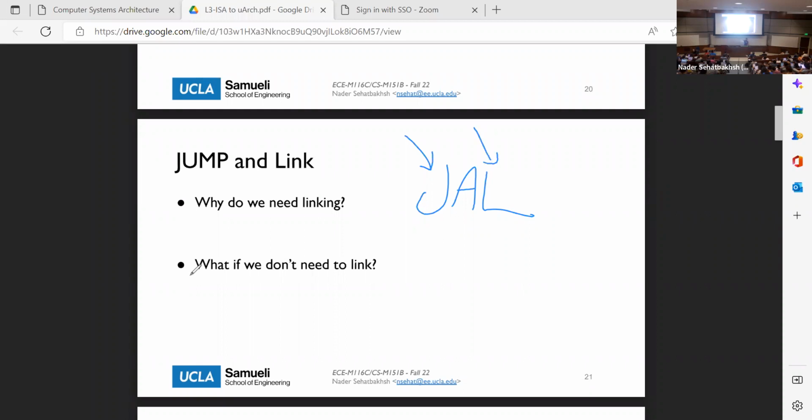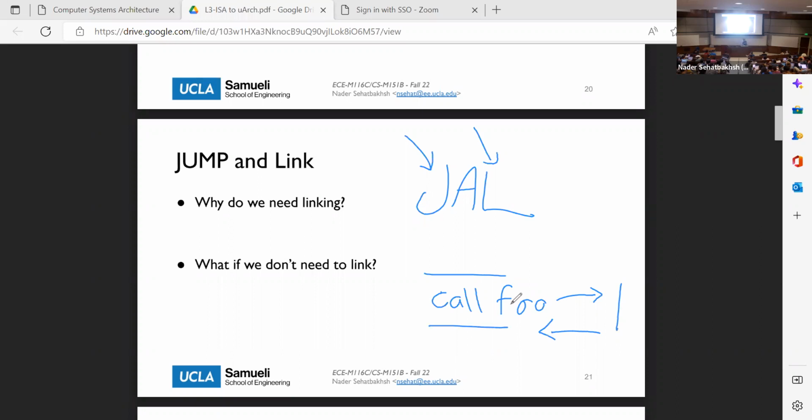We have to come back at some point to where we were. Whenever we call a function, we need to return at some point to the next instruction after that, right? So for example, let's say we have this instruction, then we call this function, I don't know, foo, right? We're going to jump to this part, execute foo, and at some point we have to jump back exactly to the next instruction after this, right?